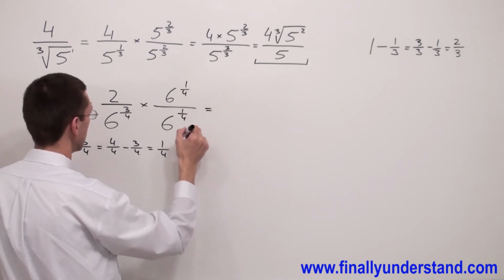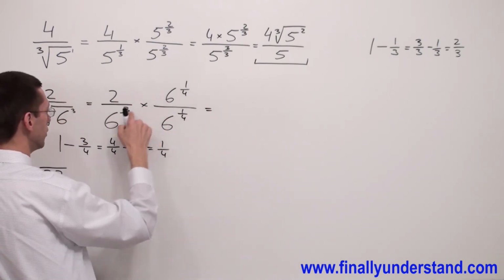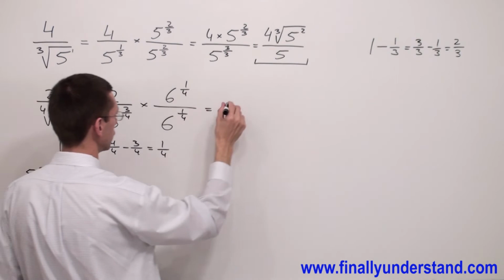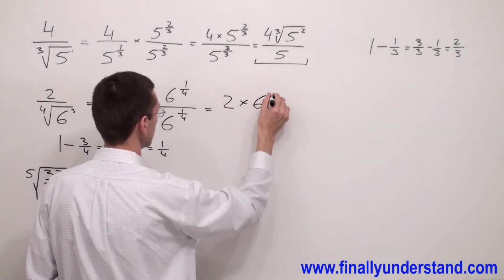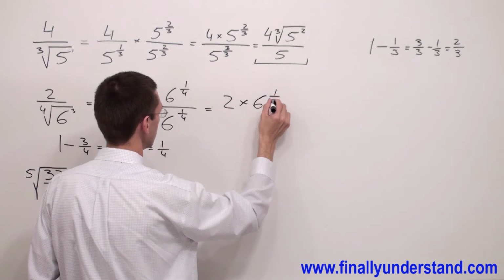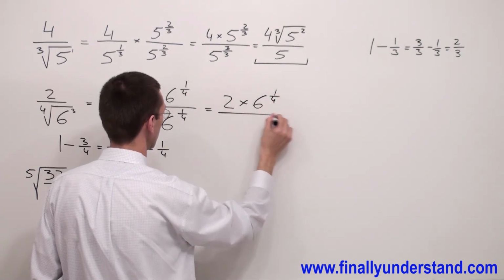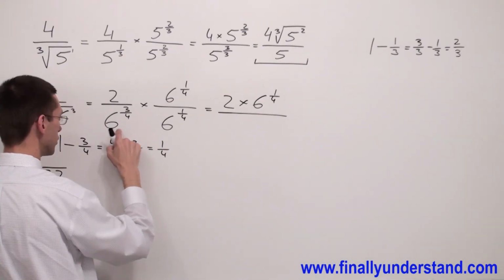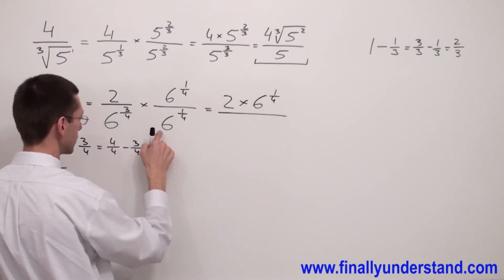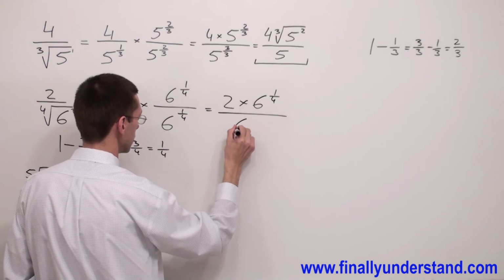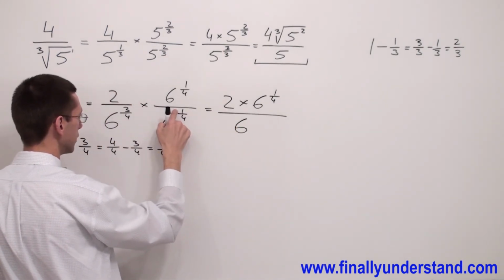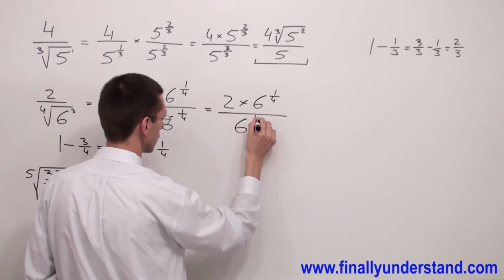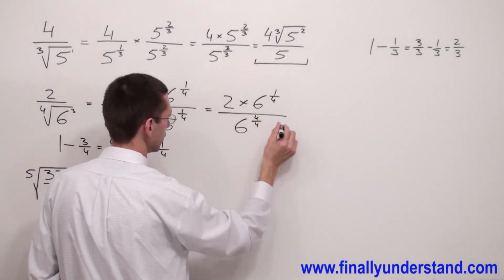Okay? Now I have to multiply numerator by numerator, denominator by denominator. That's why I'm going to have 2 times 6 to the power 1/4 over. Now I have to multiply denominators. So I have the same base. I keep the base and add exponents. 3 plus 1 is 4, 4 over 4.